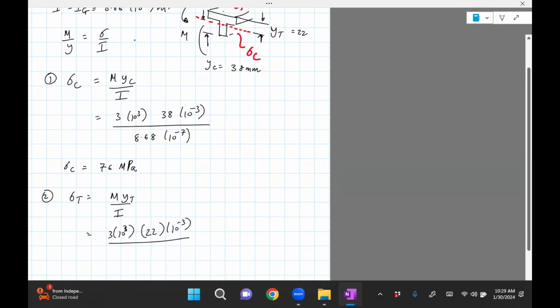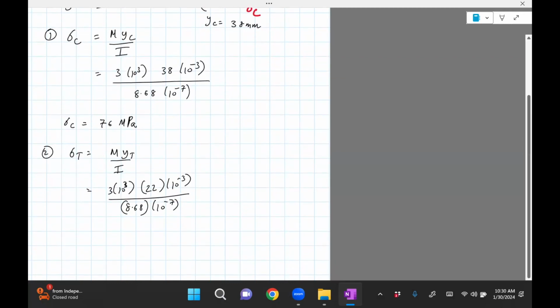I is what we computed earlier, 8.68 times 10 raised to negative 7. And if you do the math here, you get sigma T is, oh my God, I made a mistake. This is not correct, I switched them. So sigma C is 131.3 megapascals, and sigma T is 76 megapascals.